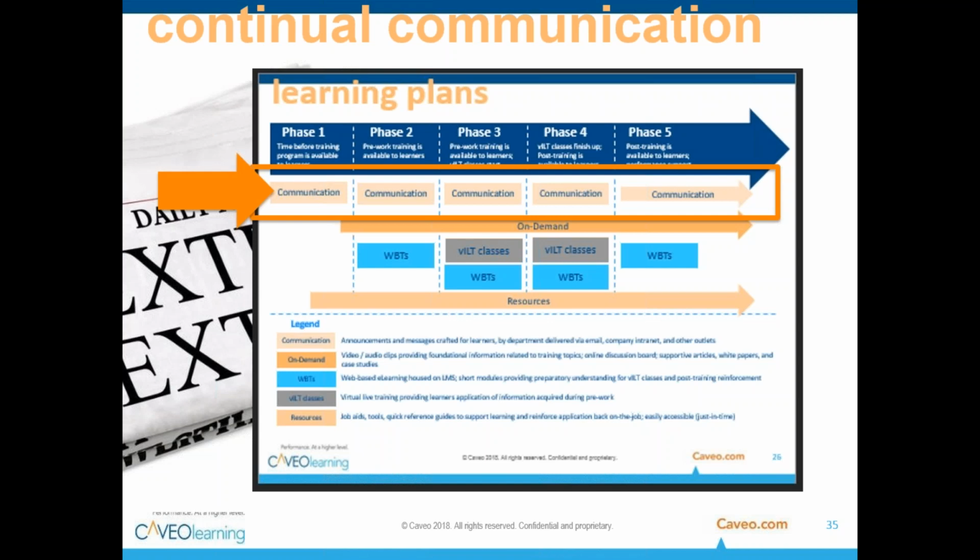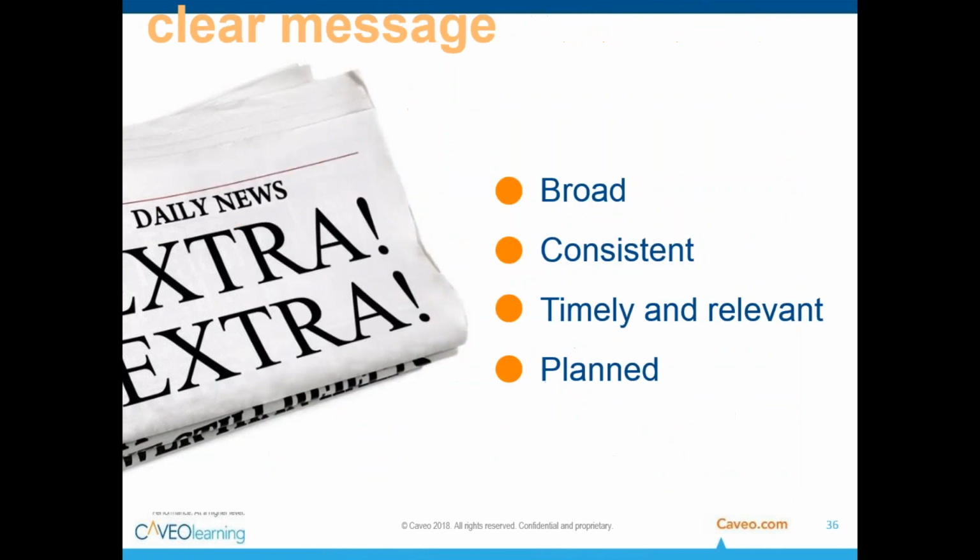When leveraging a program design approach, the communications are easier to craft. Communications for L&D support program design when they're broad, when they're reaching the entire organization, explaining the overall value of learning development and the use of program design. They're consistent, using clear language around the who, what, where, why, and how.